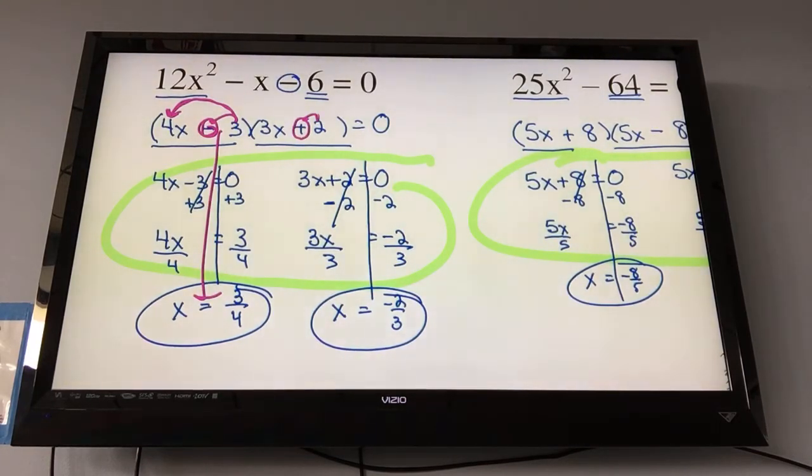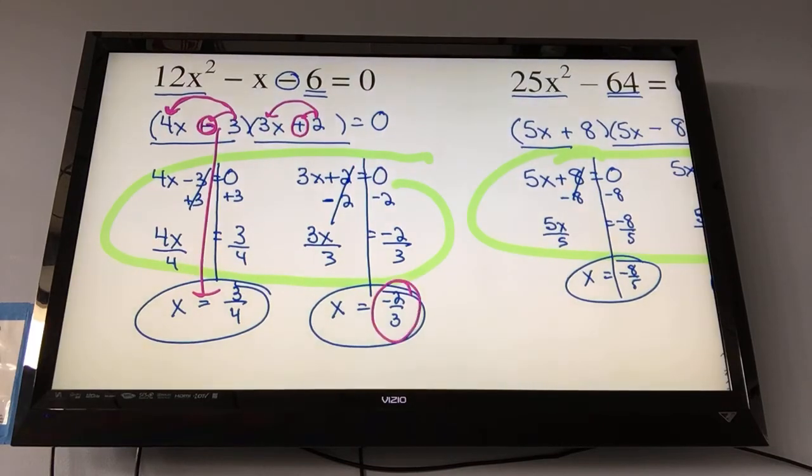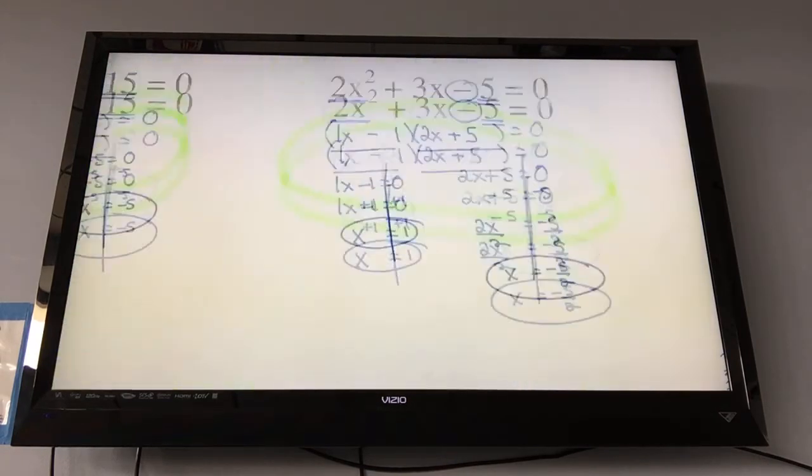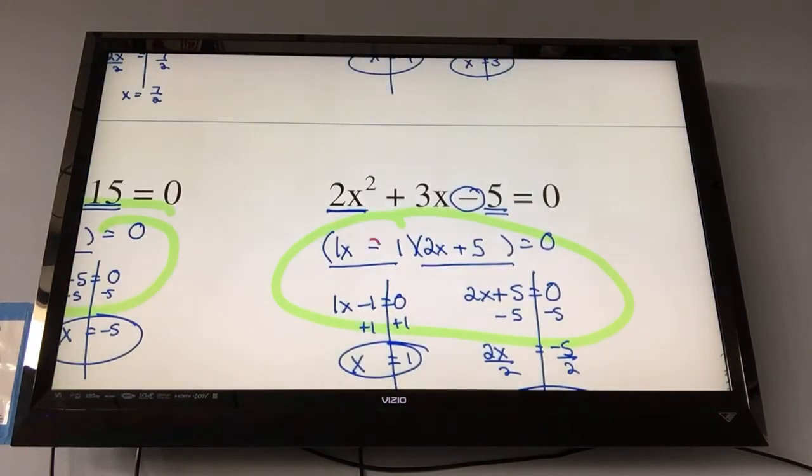Negative 2/3. Negative 8/5. Positive 8/5. Positive 1/1, which is 1. Negative 5/2.